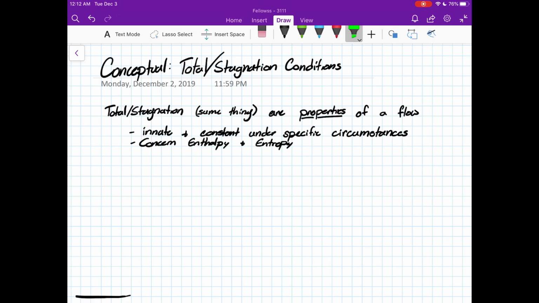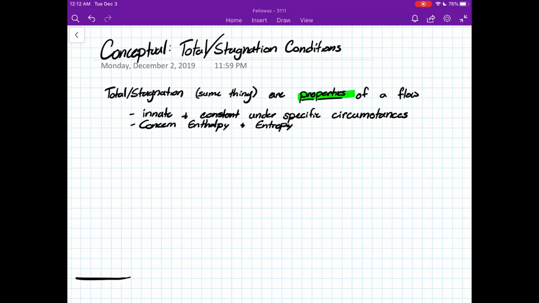So total, stagnation, same thing. These are properties of a flow, right? So when I say properties, I mean that a flow, if you can imagine, is its own unique thing. If you're at a different altitude, a different air temperature, different density, maybe there's moisture in the air that's affecting the density, all of those are properties of the flow, and they come together to define the flow, right?